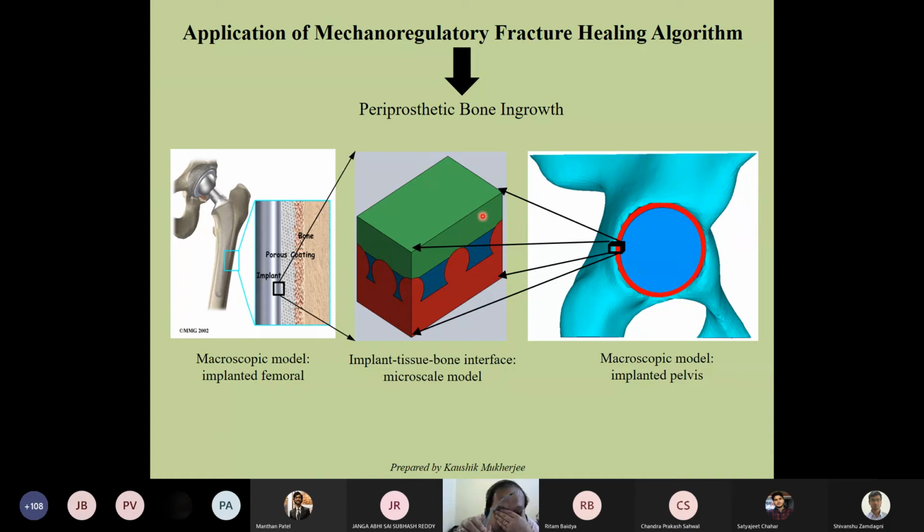Then in between is a sandwich layer of granulation tissue, which is formed in between the interbead spacings. And of course, then comes the beaded structure and the implant structure. This is the microscale model of the implant, tissue and bone.